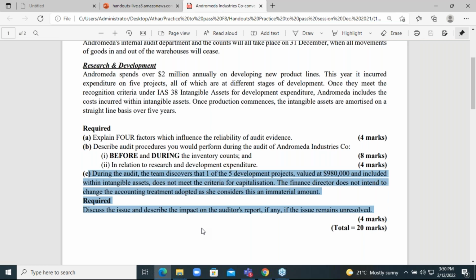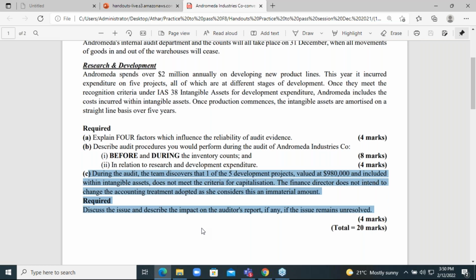Also, the chapter of audit report is very tricky and very important. It should be read at least twice, because if the examiner is going to ask OTs from that section, they may sometimes become very complex.